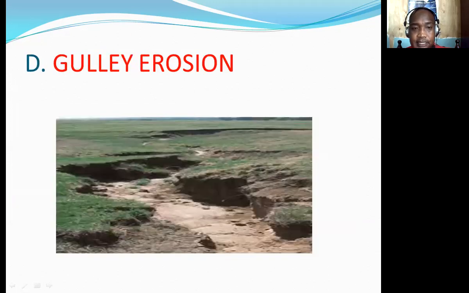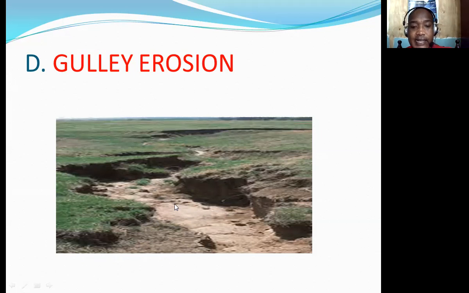Next is gully erosion. Gully erosion: if rill erosion is not controlled, it leads to gully erosion. It is common on steep slopes where the fast flowing water forms deep V-shaped or U-shaped gullies.